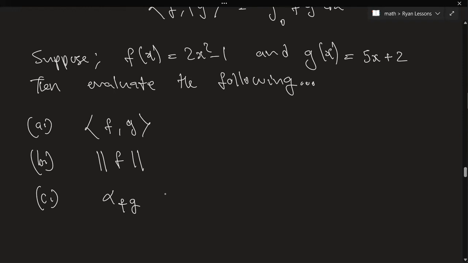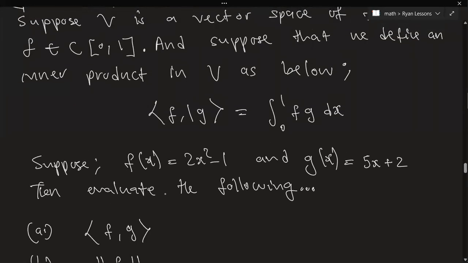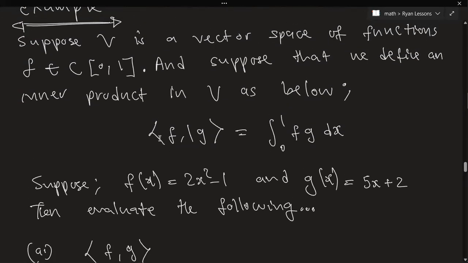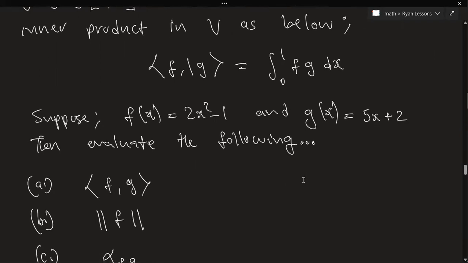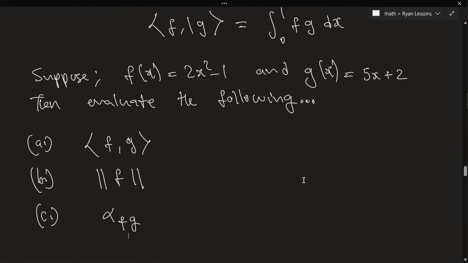These are typical problems in exams. They can give you a vector space and tell you how an inner product in that vector space has been defined. Then they give you some explicit objects to see if you are able to perform certain operations. The first question is: find the inner product between the two functions f and g. So how do we find that?